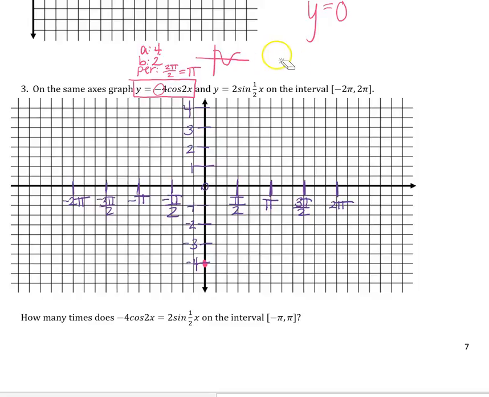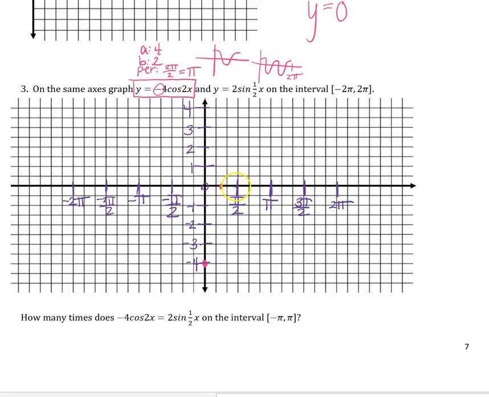Oops, that's a sine curve. Not like that. It'll look like this. All over the interval from 0 to 2 pi. So instead of crossing at pi over 2, I'm going to hit the x-axis at pi over 4 instead.